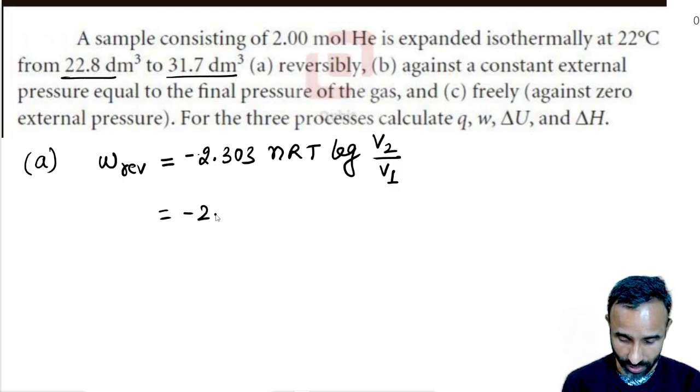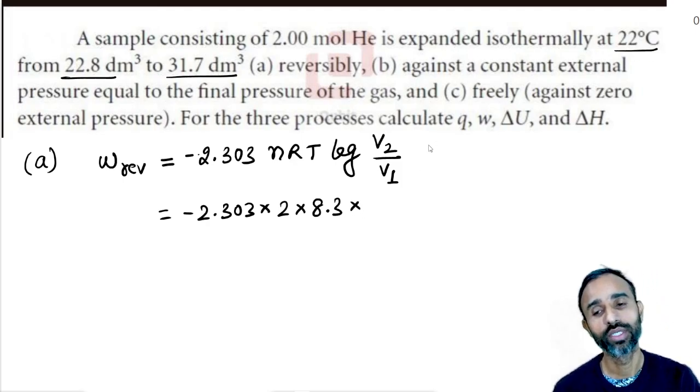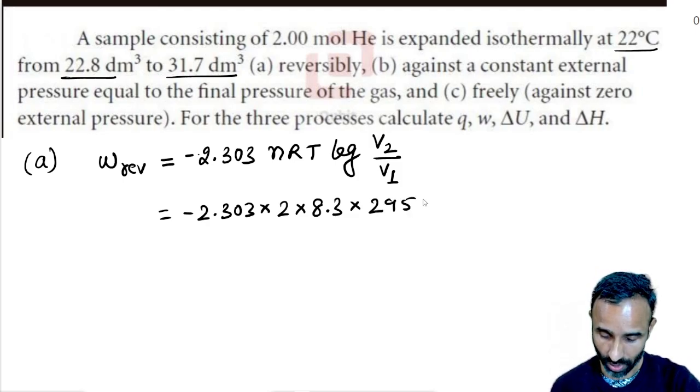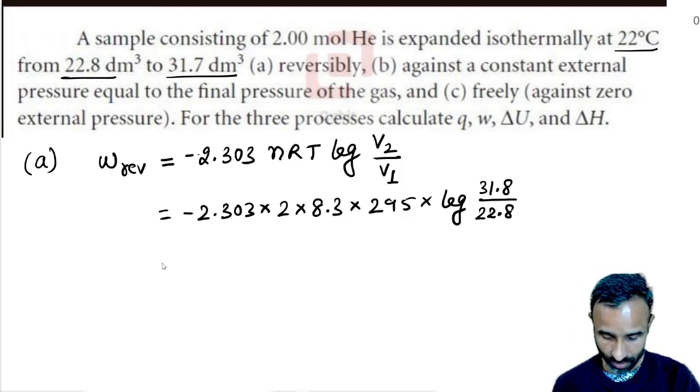So it is minus 2.303, n is given to you as 2, the value of R is 8.3 and temperature 22, so it is 295, okay, 295, multiplied by log of 31.8 divided by 22.8. So in this way you can calculate the reversible work done.